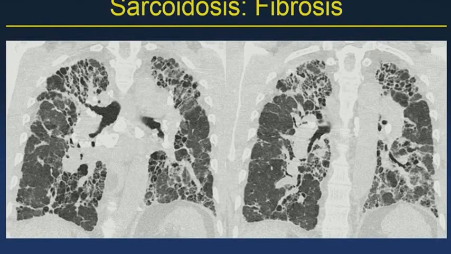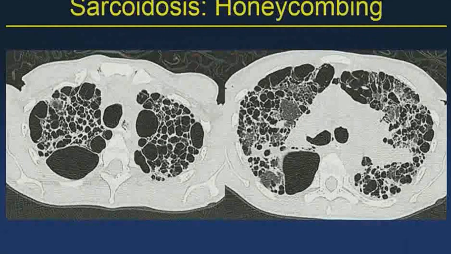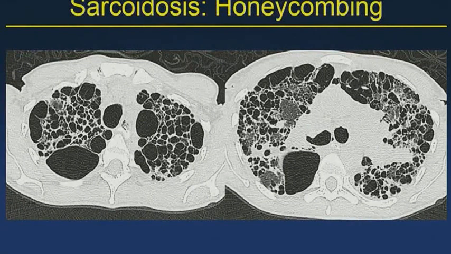Here's a case I showed you just a minute ago, cut in coronal section, much more advanced fibrosis. You can clearly see the traction bronchiectasis, subpleural cyst formation, perhaps honeycombing, perhaps some paraseptal emphysema. Notice again the upper lobe distribution and the extensive calcified lymphadenopathy.